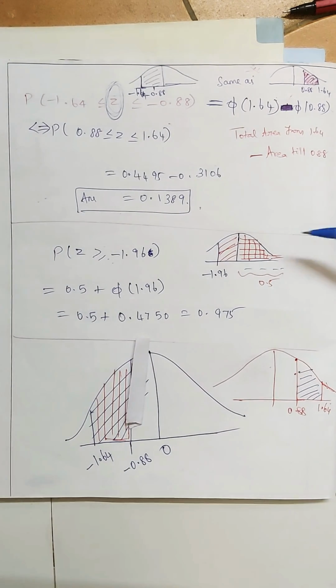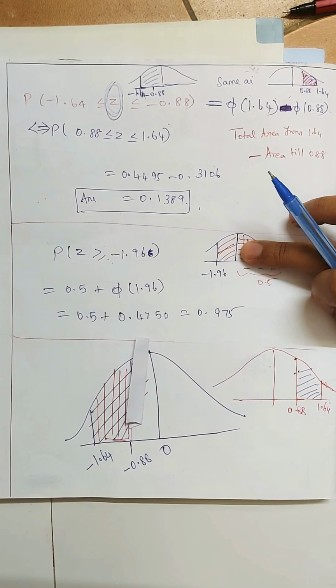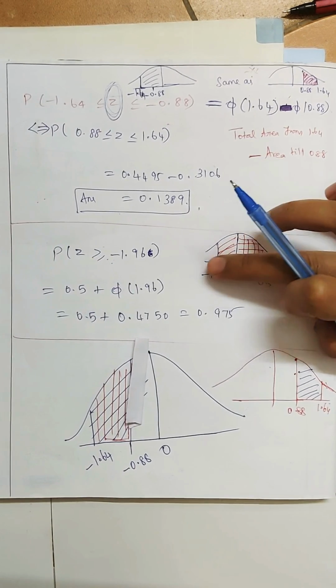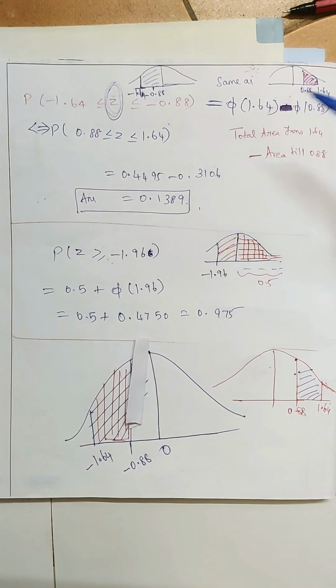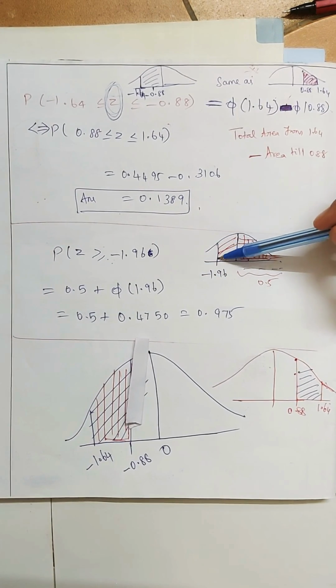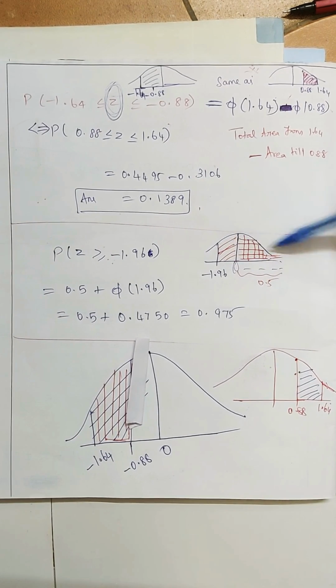Now, this is the graph. What you will do normally, you leave this part. You'll draw from minus 1.96 to 0. What is given? Greater than or equal to minus 1.96. So from here to 0, and from 0 to the other side, everything is greater than minus 1.96. You will miss including this area.